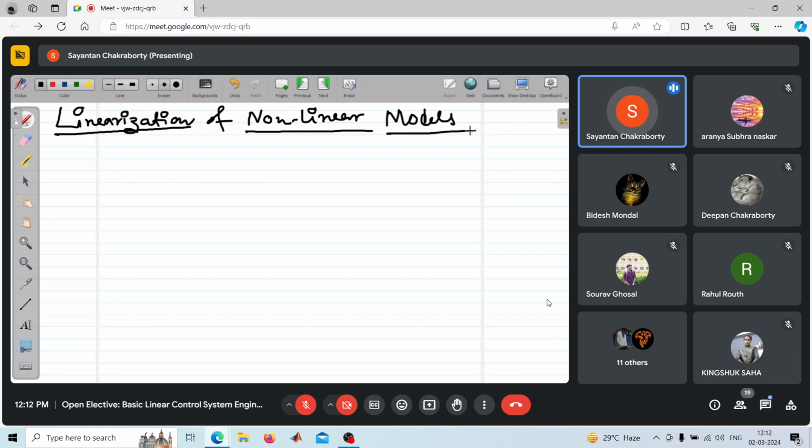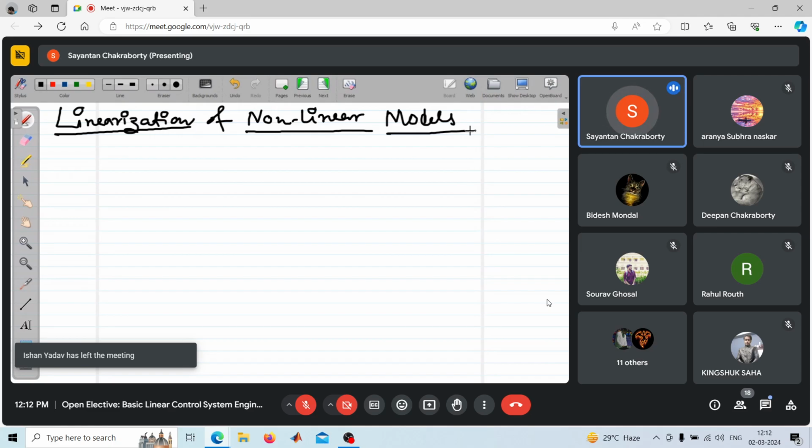Now, we have seen that the material balance or the energy balance describe the behavior of a process, and very often such models are nonlinear in nature. But most of the control strategies that we will be discussing, and those available in literature, either design or analysis techniques, are mainly based on linear systems theory, because it is much easier to apprehend and to use as compared to the nonlinear methods.